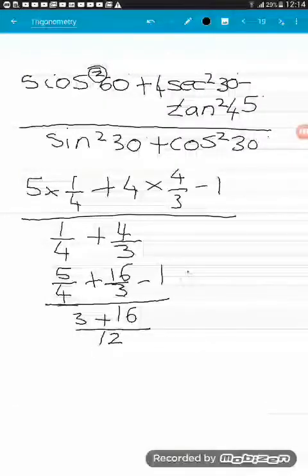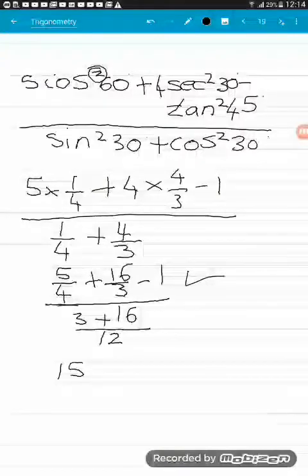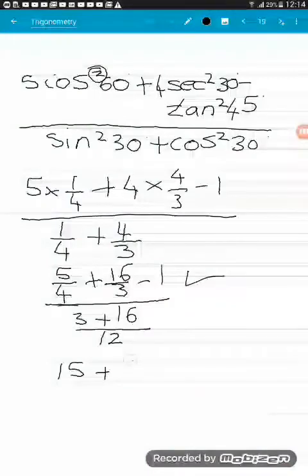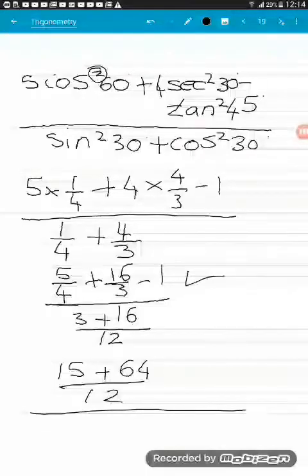Now the LCM for the above is 12. 5 times 3 is 15, and 16 times 4 is 64, therefore 64 by 12, and in the denominator 3 plus 16 is 19 by 12, the 12 cancels.